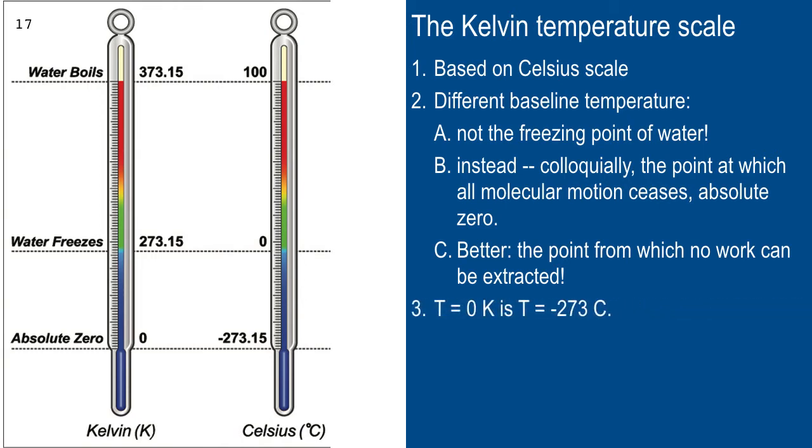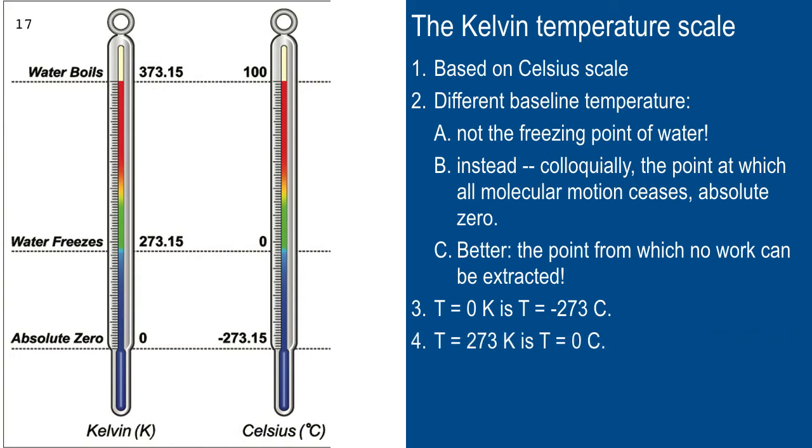Now, here are the specs for the temperature scale. 0 in the Kelvin scale is minus 273 on Celsius. The degree sizes are still the same. There's still 100 kelvins between boiling and freezing of liquid water. But the numbers are different.